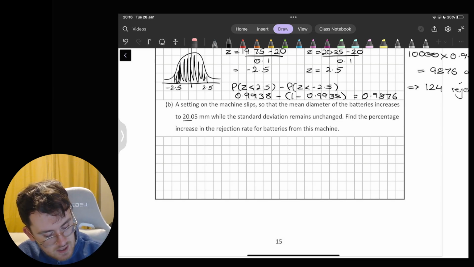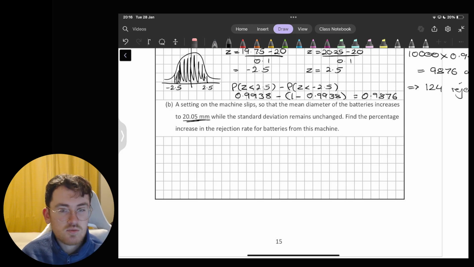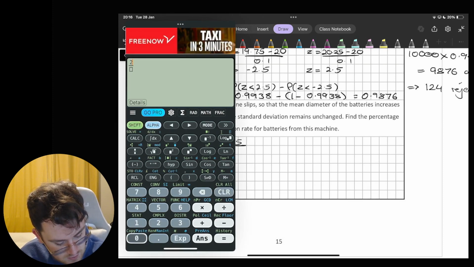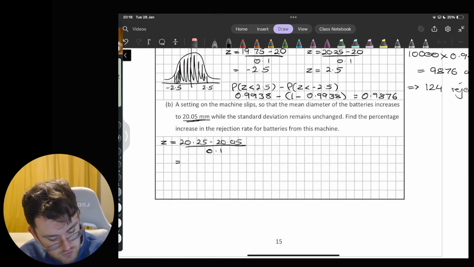So the mean diameter has increased, but we're going to treat everything else as the same. So 20.25 minus 20.05 all over 0.1 gives me 2.